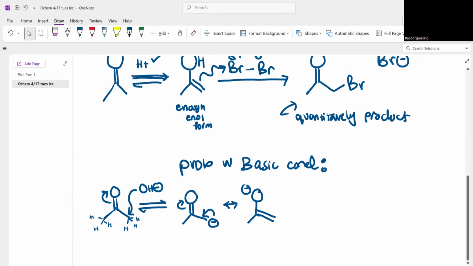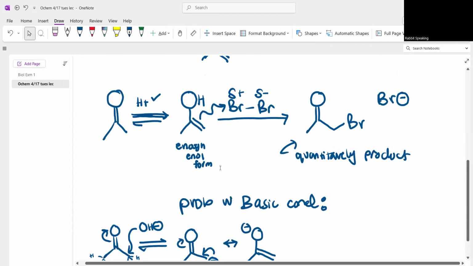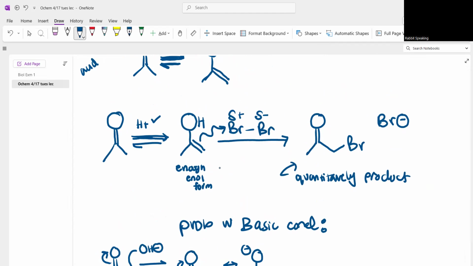Actually, okay, so the problem with basic conditions is that over here we stop with this product, but in basic conditions our product is more reactive, I think. I'm kind of confused.